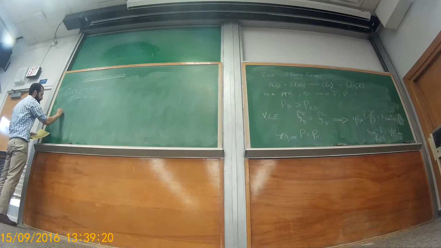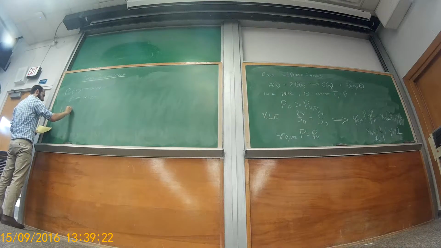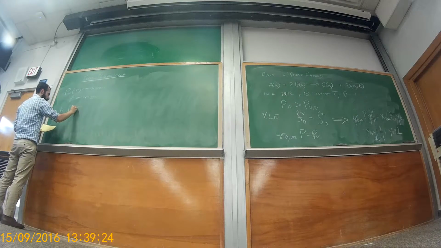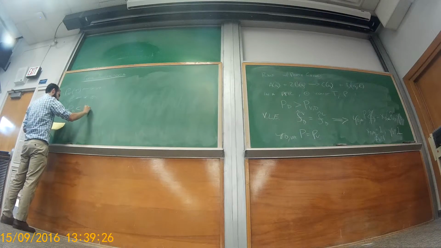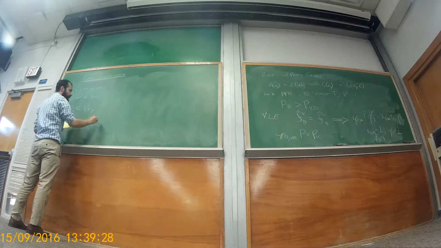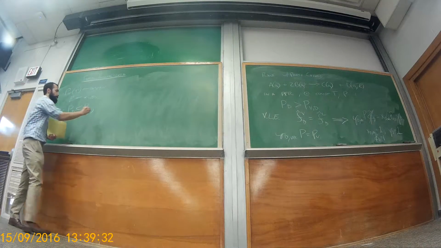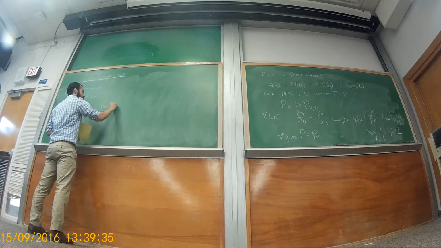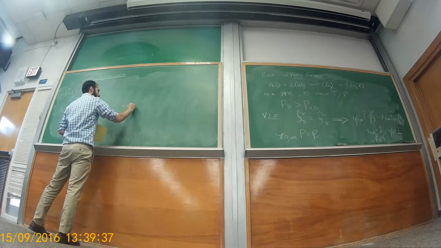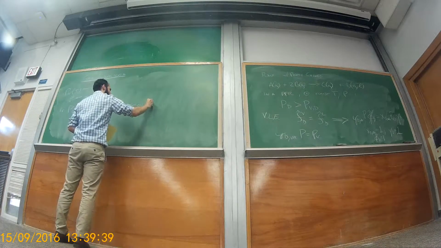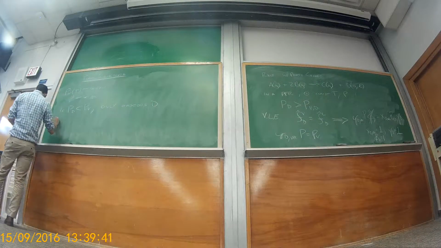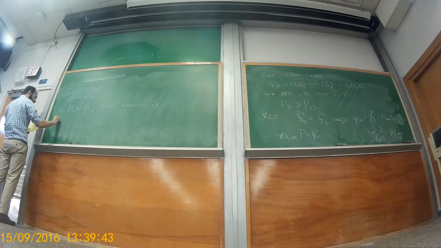So if the pressure of D is less than the vapor pressure, then does D condense? No. So we only have gaseous D.